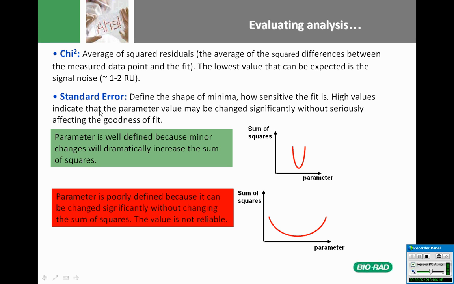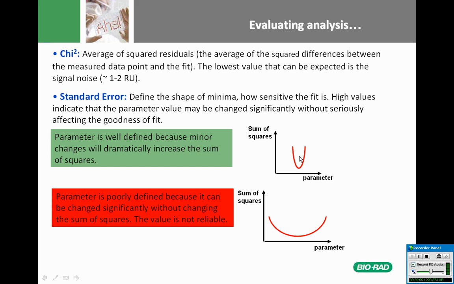And the last parameter is the standard error. The standard error is not the standard deviation. Standard deviation is when you perform the experiment several times to extract different Kas and then calculate the average and standard deviation. But the standard error is a parameter that is extracted from the fitting procedure, and its value tells you how reliable the fit is.